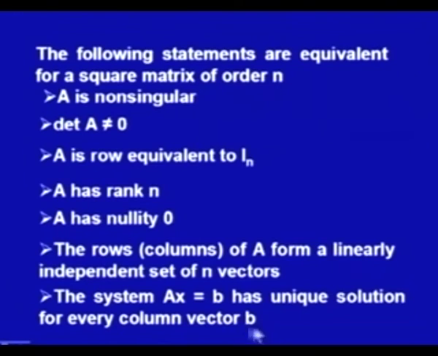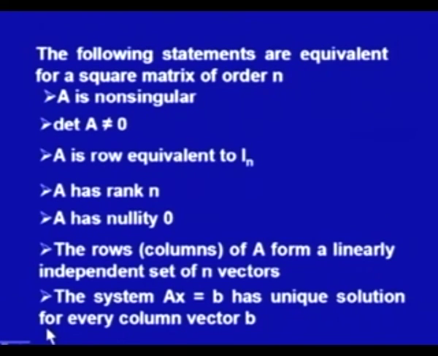So, for the non-homogeneous system Ax is equal to b, it will have a unique solution for every column vector b if matrix A is non-singular, or determinant A is not 0, or A is row equivalent to In, or A has rank n, or A has nullity 0, or the rows or columns of A form a linearly independent set of n vectors.